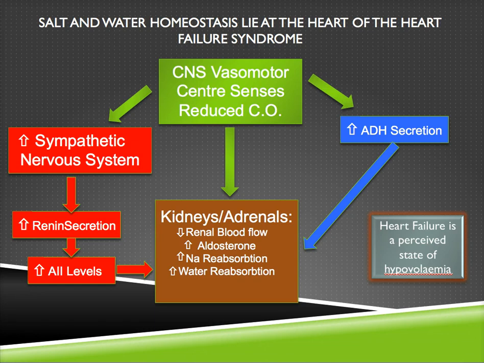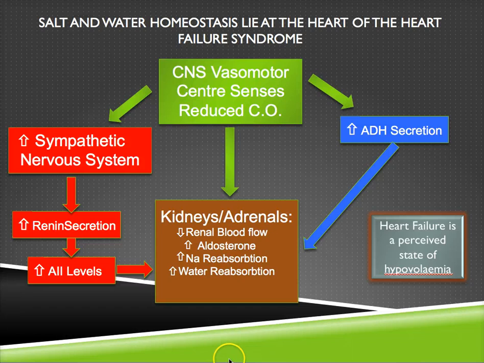The CNS itself also, through sensing reduced cardiac output, directly increases ADH secretion from the posterior pituitary. This is also known as vasopressin, and vasopressin itself is a powerful vasoconstrictor and causes increased free water absorption. In other words, heart failure is perceived as a state of hypovolemia, and all of these physiologic responses are seen in patients in acute states of dehydration.